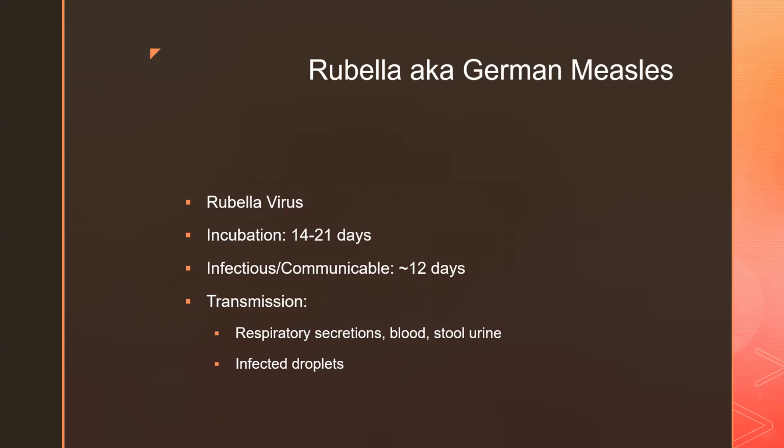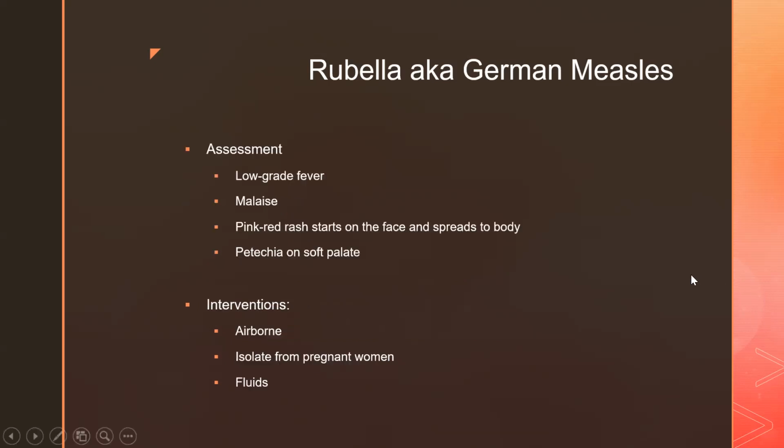Transmission, respiratory secretions, blood, stool, and urine. And then, of course, those infected droplets. So patients are typically on droplet or airborne precautions. So assessment findings, again, we have that fever, we have the malaise. This time we have a pink rash. With the other one, it's more of a red rash. A pink rash that starts on the face, then spreads throughout the body.